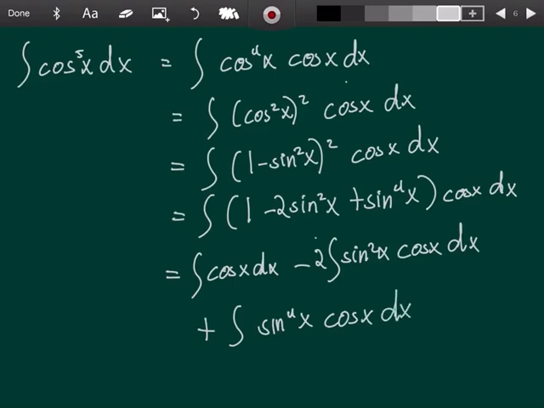The integral of cosine x dx is sine x. For this other part, we are going to integrate it separately: the integral of sine squared x cosine x dx.